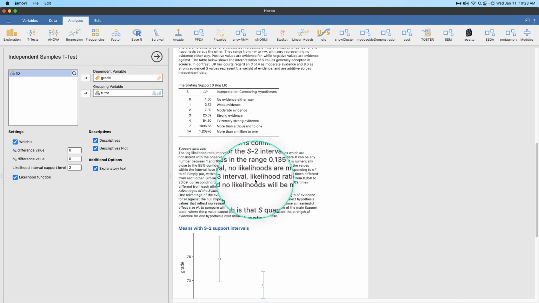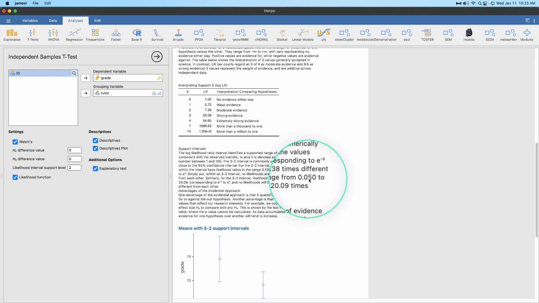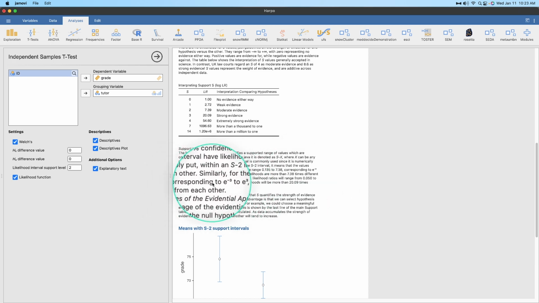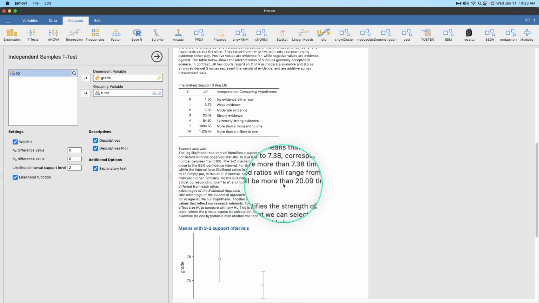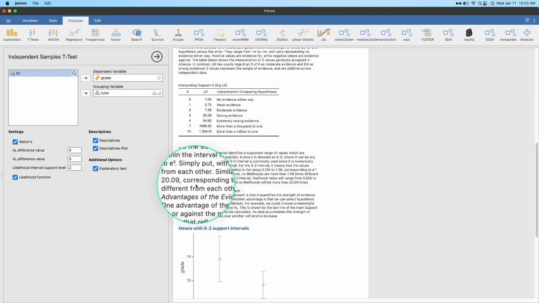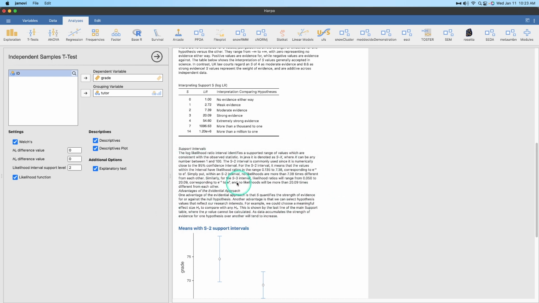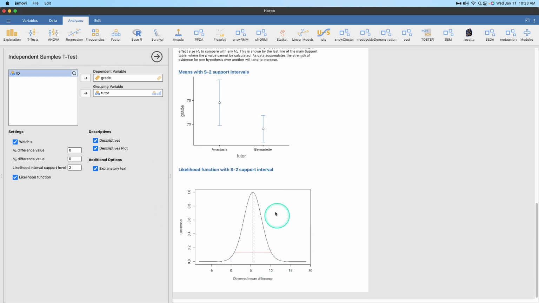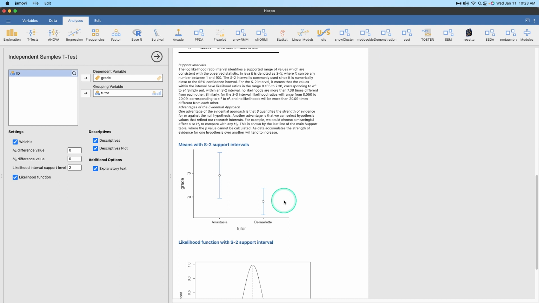Similarly, for the S minus 3 interval, likelihood ratios will range from 0.050 to 20.09, corresponding to e to the negative 3rd power to e cubed, and no likelihoods will be more than 20.09 times different from each other, okay? So here we have our likelihood ratio showing that with the S minus 2, and we can change that. I'm going to change that to 3 in just a second to show you the difference.